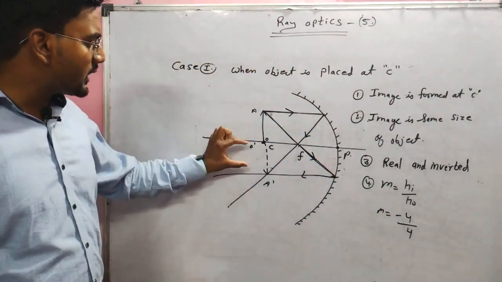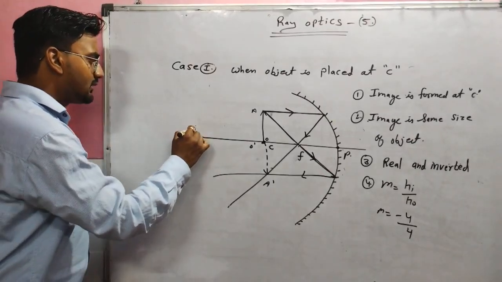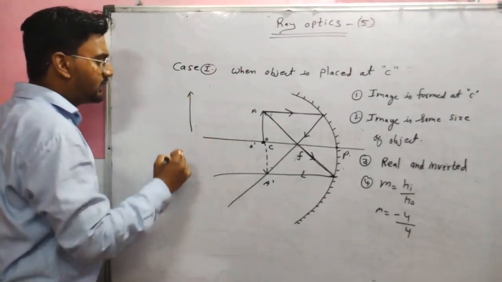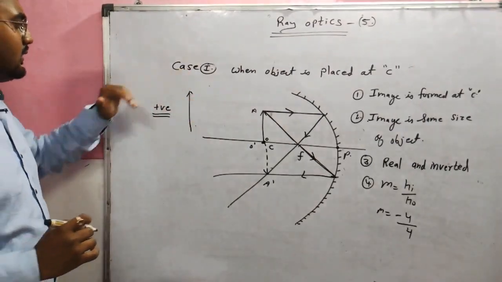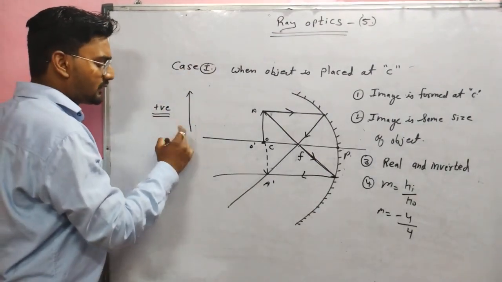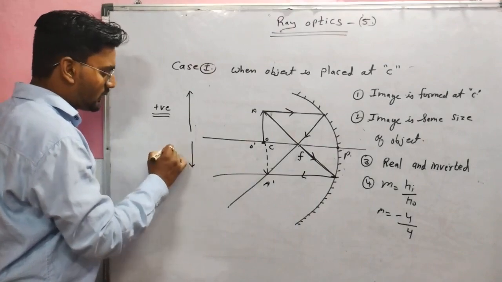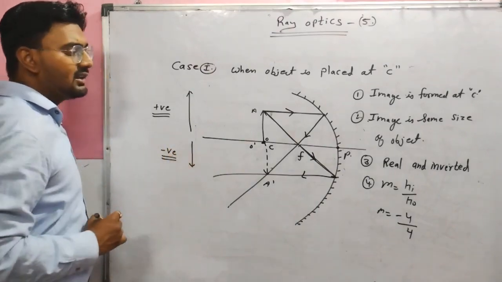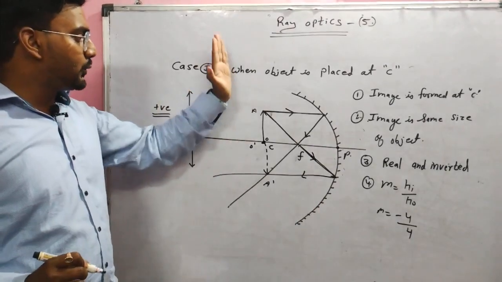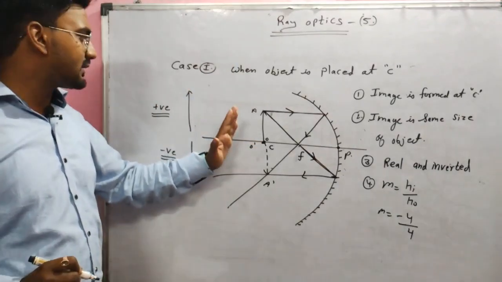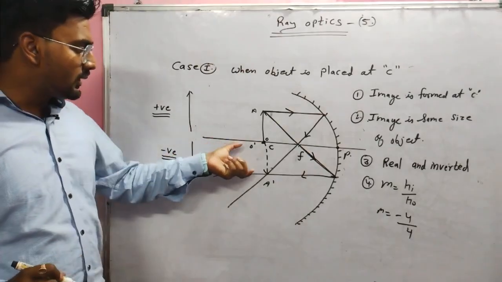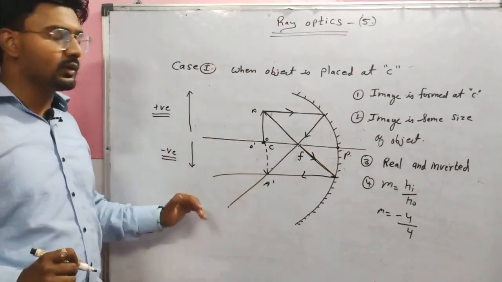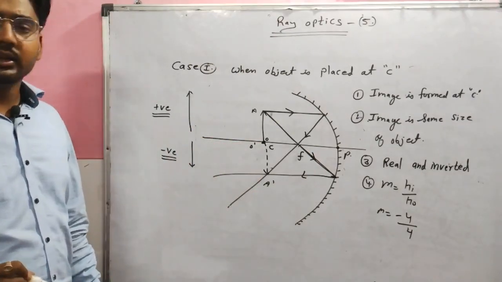Minus of 4 we are taking because the height of object is considered positive upward from the principal axis. Upper side of the principal axis is taken as positive and lower side of the principal axis is taken as negative. Here the object is put on the upper side of the principal axis, so we take a positive sign, and here the image is formed on the lower side of the principal axis, so we take negative sign.